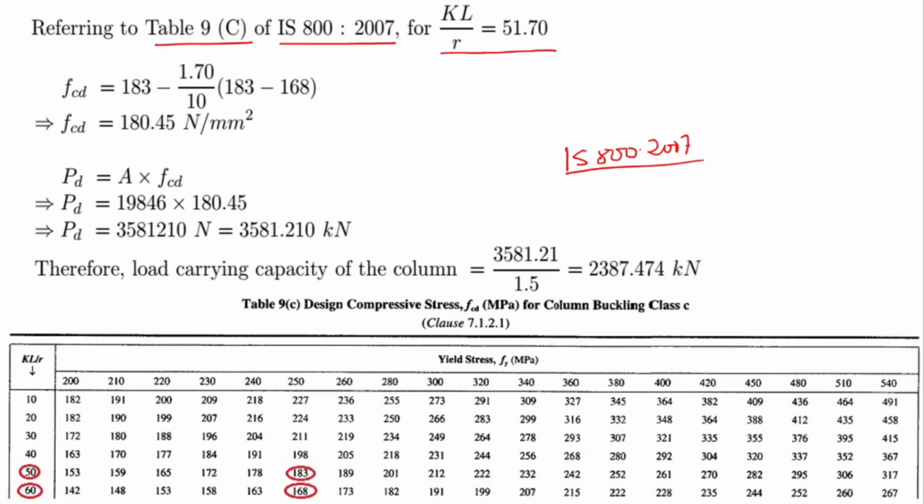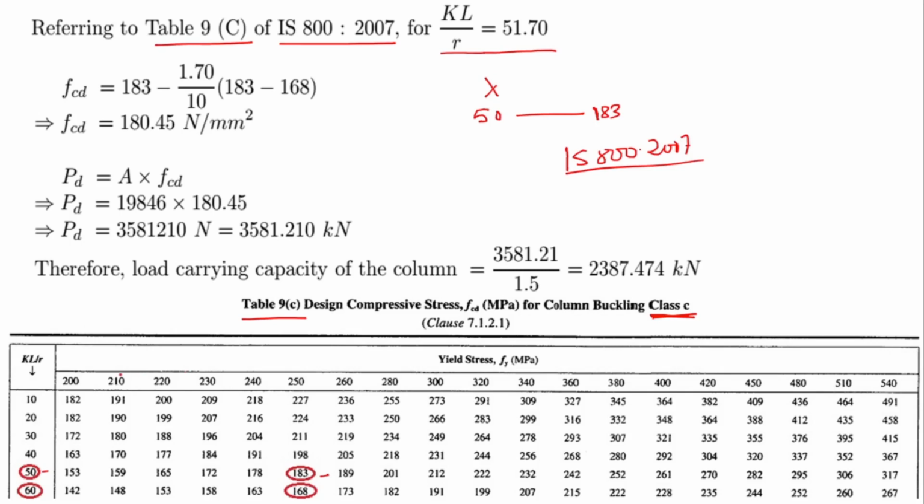In this case our buckling class is C, so that's why you have to follow table number 9C, where design compressive stress for column buckling for class C is given. So if I see the table for slenderness ratio KL by R, for 50 the value is 183.